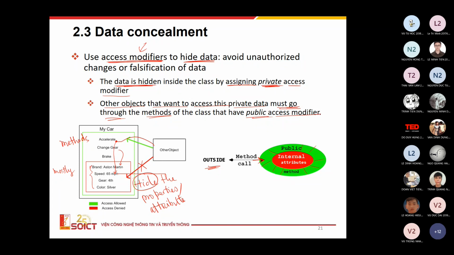Chỉ những thuộc tính và phương thức nào có phạm vi truy cập public thì từ bên ngoài mới có thể nhìn thấy. Các bạn hình dung nó giống như có một interface ở giữa class và bên ngoài, đúng không? Thế thì bây giờ cái nào public thì bên ngoài mới nhìn thấy, còn cái nào là private thì chỉ bên trong class đó nhìn thấy nhau mà thôi. Bên ngoài không thể nhìn thấy những gì là private được.